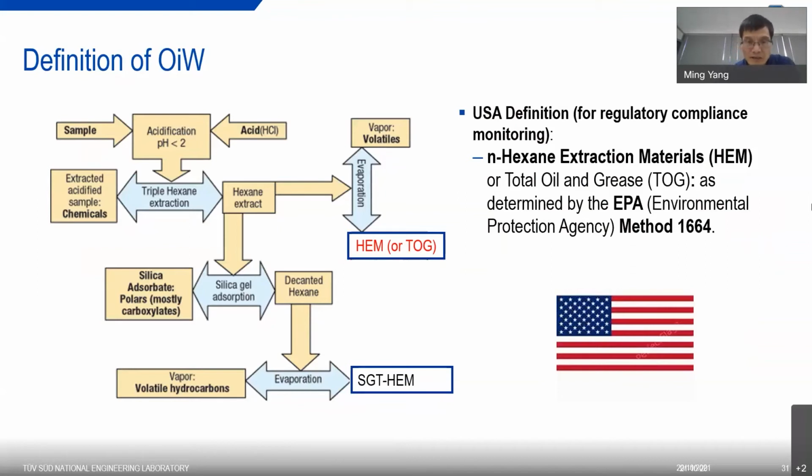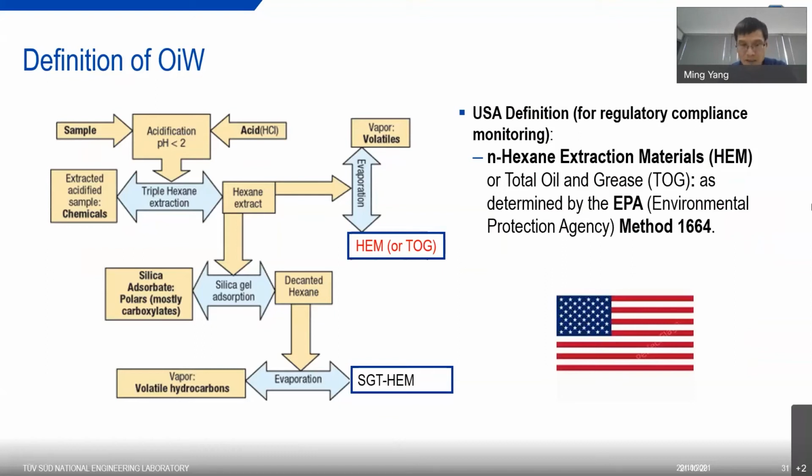Now, if you take the hexane extract and let it pass through silica gel, and then take the decanted hexane, after evaporation, what you get is silica gel treated hexane extractable material. And here, the silica gel treated hexane extractable material is essentially all those non-polar hydrocarbons. We're talking about straight chain and branched chain hydrocarbons.